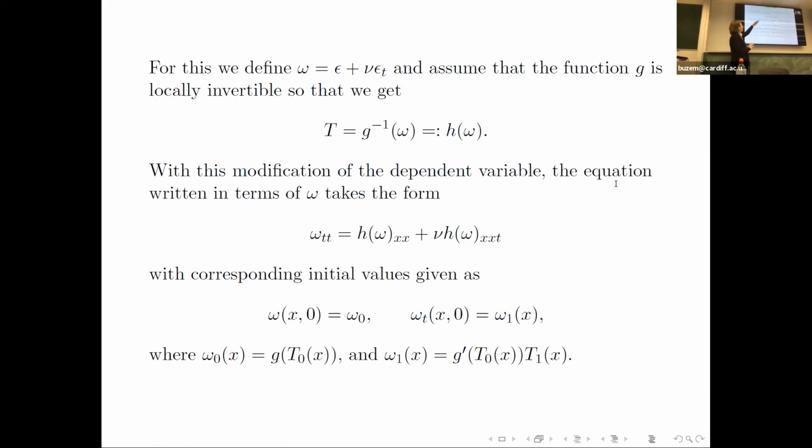Anyway, assuming that G is invertible, you can write stress as a function of this omega, which is the strain plus the strain rate. And using this variable, you can get rid of the nonlinearity in the inertia term. So this is more like what we are dealing with usually, right? But of course, the right-hand side is terrible. It's nonlinear. Anyway, you can sort out the initial data accordingly as well. So instead of that equation, which was in terms of stress, with a nonlinear inertia term, we dealt with this equation, which is in terms of omega, but with a linear inertia term.